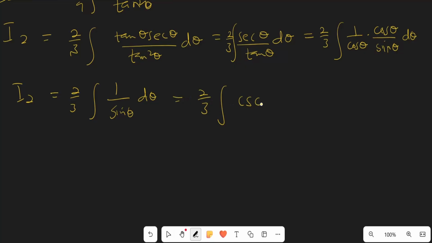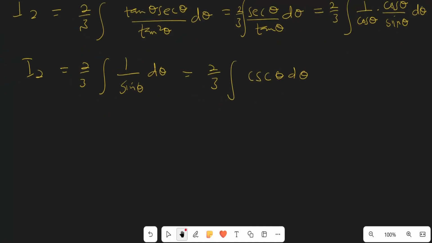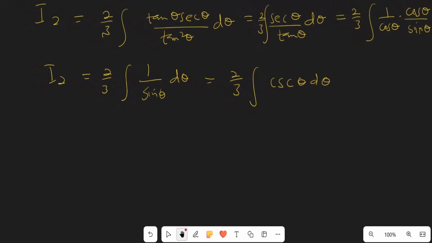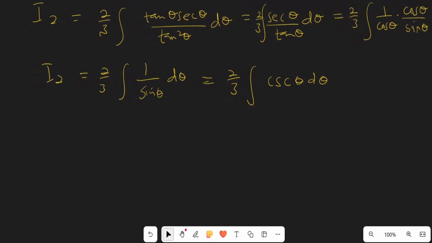That is cosecant theta d theta. So the task now is to integrate cosecant theta d theta. And if you know that the value of that is just the natural logarithm of cosecant theta minus cotangent theta, that is the integral of cosecant theta d theta.